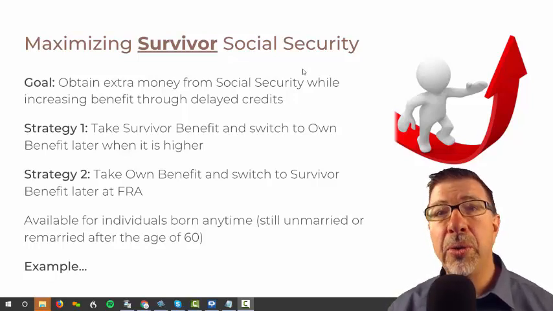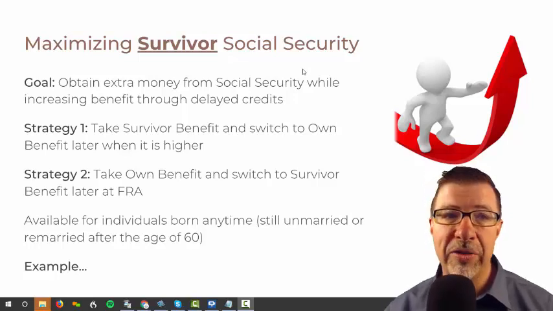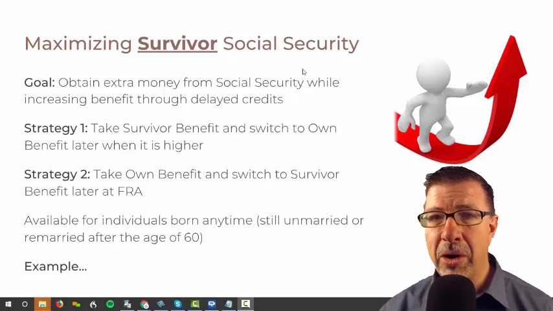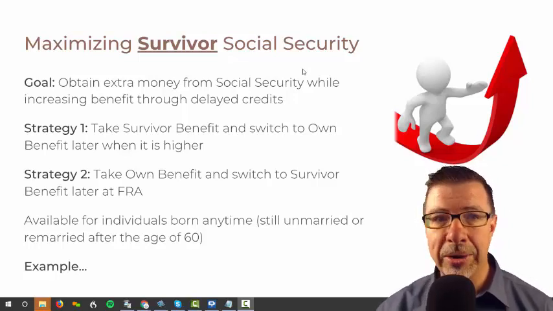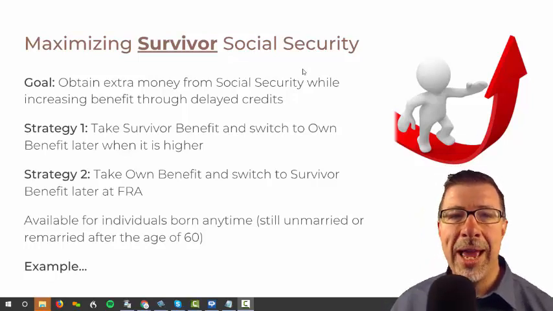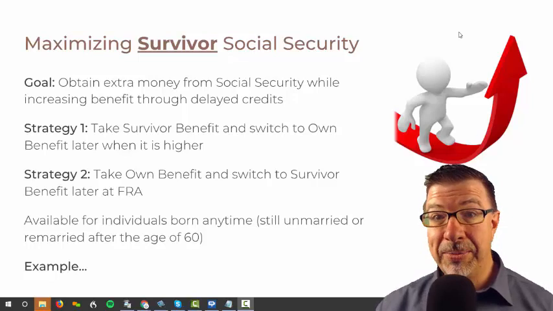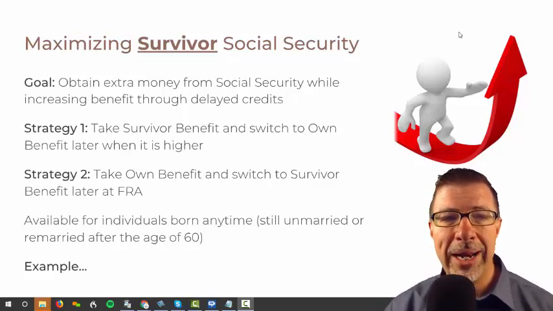So let's look at the goal when you have both your own benefit and a survivor benefit. And the strategy that you're going to use is a little dependent on the exact circumstances of which is higher. So what's the goal? The goal is to take extra money from Social Security while increasing a benefit through delayed credits or through waiting.